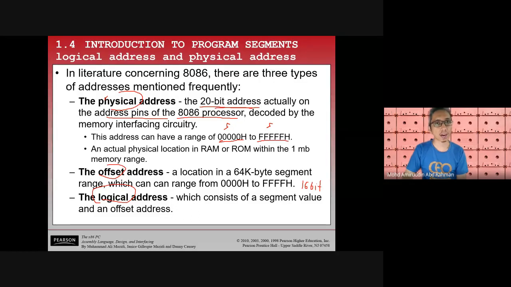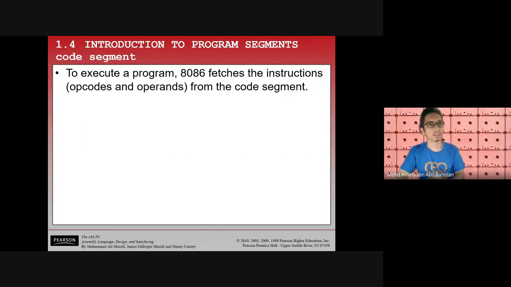So these addresses are related to the way we access the memory. As you remember, we have the address bus, and this is how we use the address to fetch the information. To execute a program, the 8086 processor fetches the instructions, the opcodes and the operands, from the code segment.